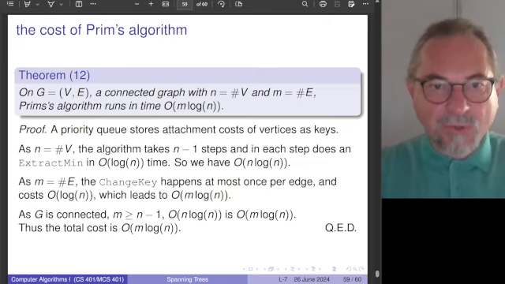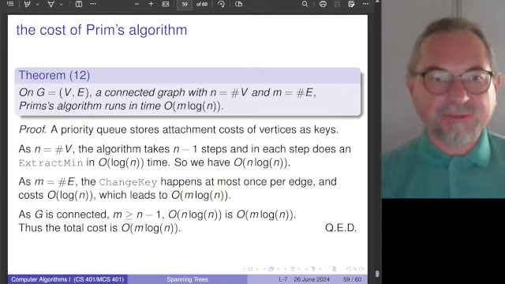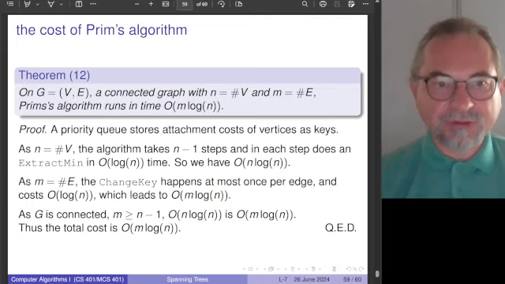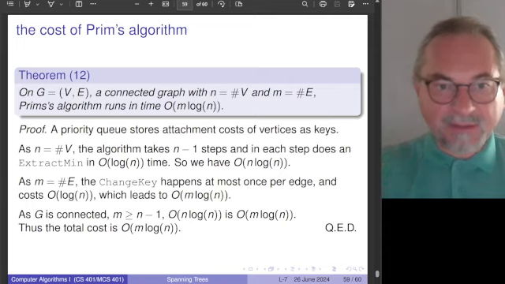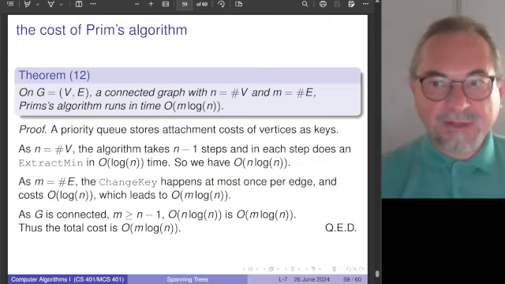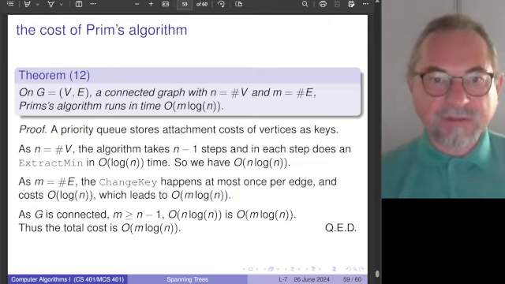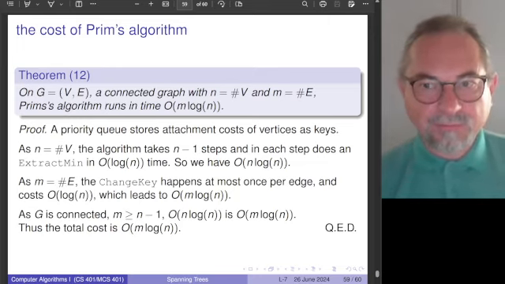So each time when we select the vertex with the smallest attachment cost, that gives you the n log n cost. But then we have the edges that we have to consider. So for every edge, we have to change this.